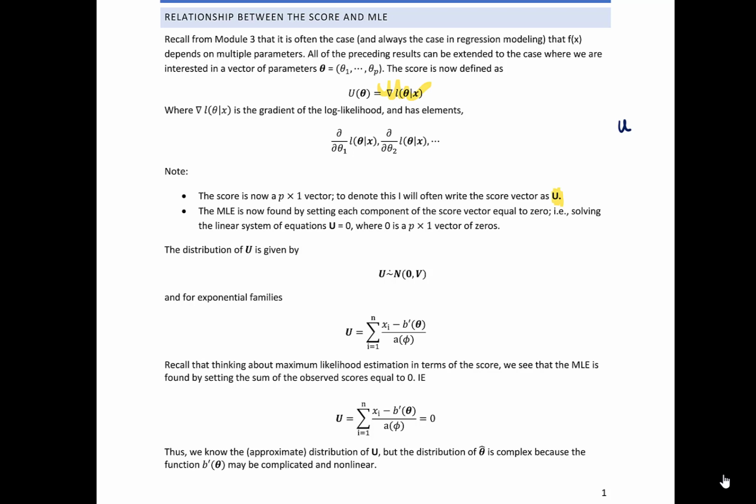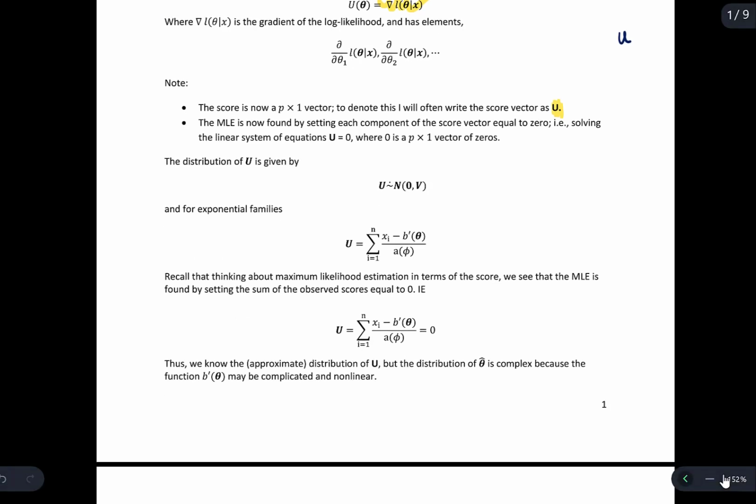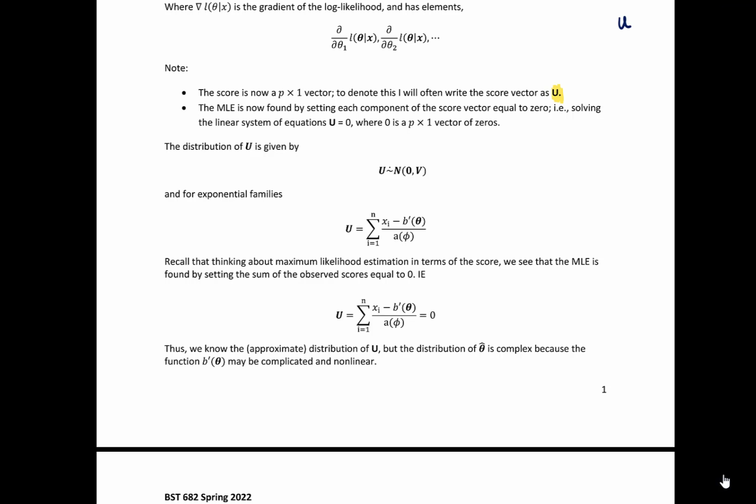So we know the approximate distribution of U, but the problem now that we're working with GLMs is that the distribution of theta hat is going to be more complex, because that function b prime of theta may be complicated and nonlinear. Before, when we first looked at the score function, I showed you an easy example where you could start with the score function and very easily get the distribution of the MLE. But now, because of how theta is embedded in that score function, it's not going to be as straightforward.